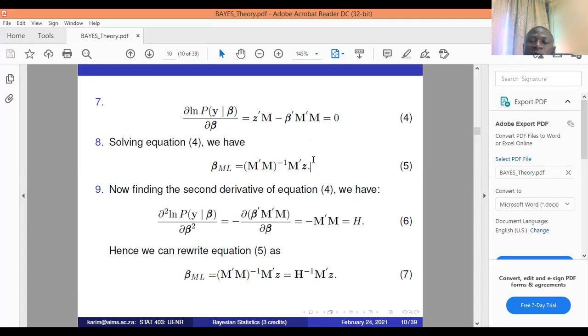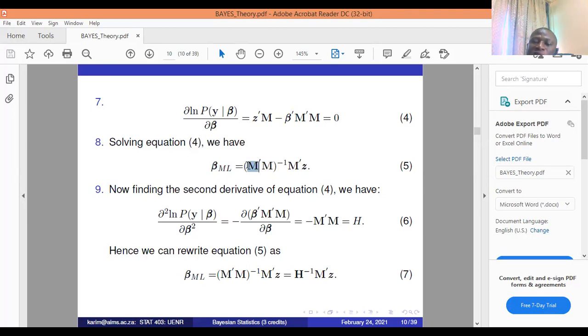And when I taught you multiple regression in environmental statistics using the ordinary least squares approach, this was the formula we had for the vector of the parameters. The same thing here.